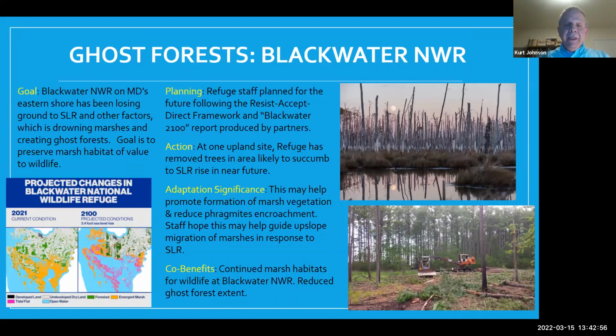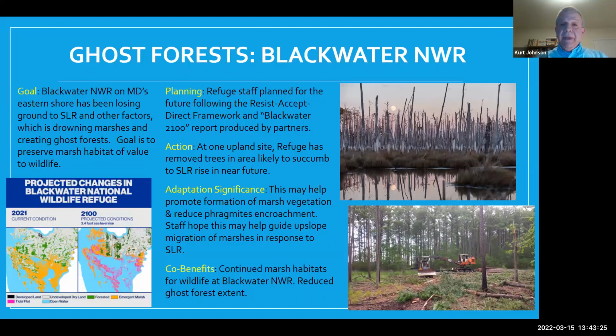And so the refuge staff, in trying to address the problem of marsh loss and the ghost forests, have used what's called the Resist, Accept, Direct climate adaptation decision-making framework, and a plan called Blackwater 2100 that looked at climate change and sea level rise to 2100 to decide on some adaptation actions to take.